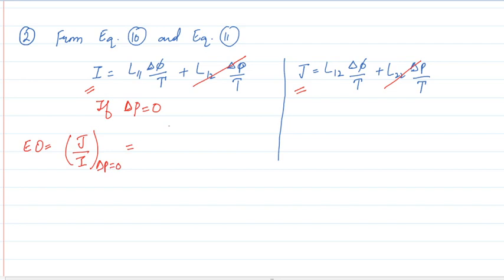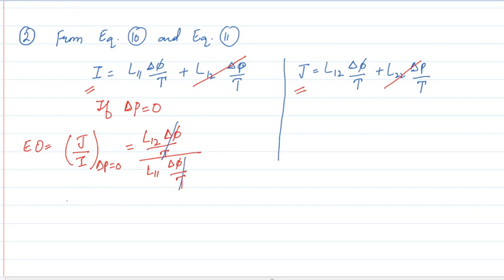It will be simply equal to L12 delta phi upon T whole divided by L11 delta phi upon T. So here you will clearly see the delta phi upon T will go.